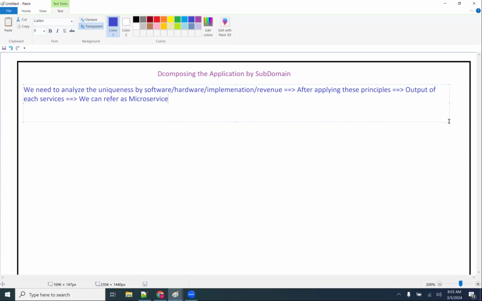After applying these principles, we will get some output for each and every service, right? That output we can refer to as a separate microservice. First we decompose by capability. After that we decompose by subdomain.